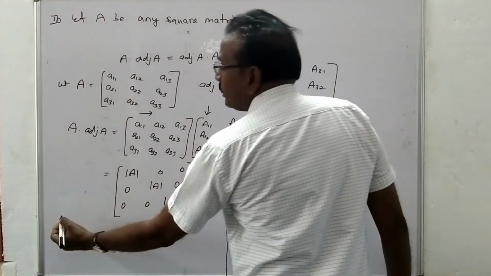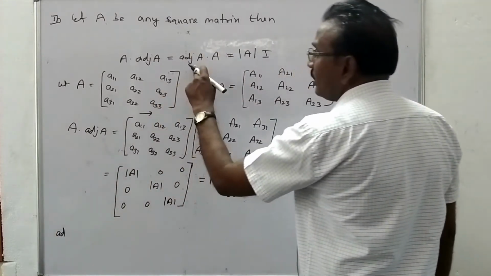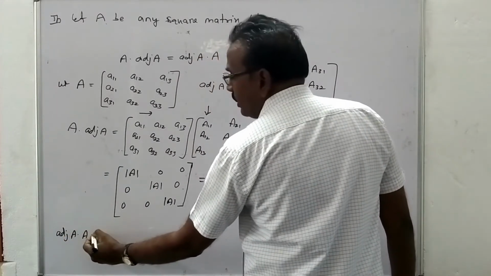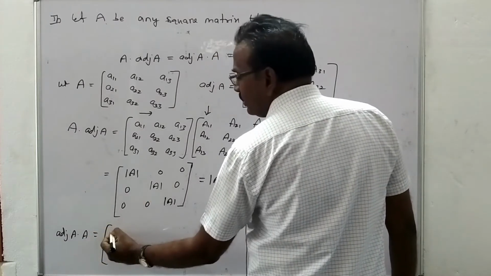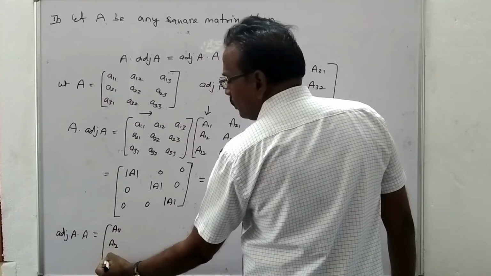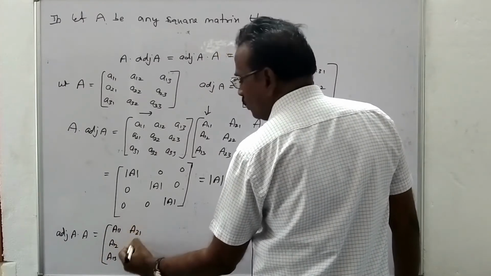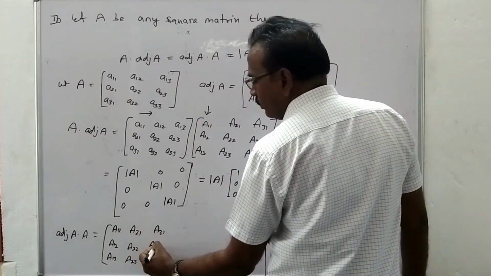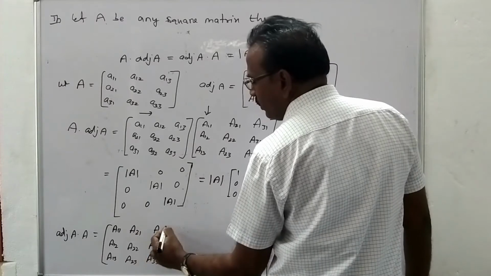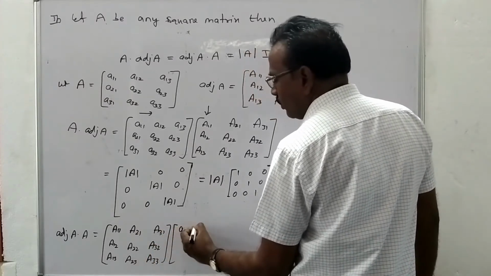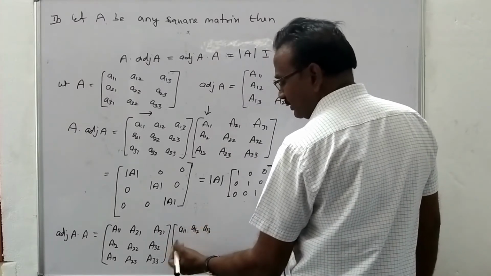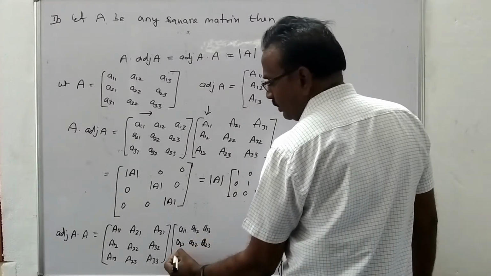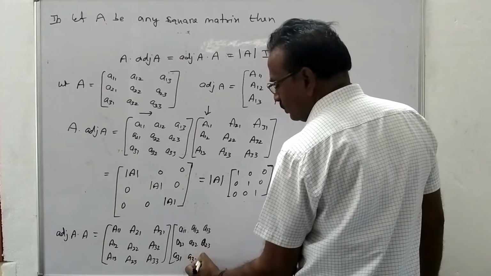Similarly, we can prove the second case: adjoint of A into A. Adjoint of A is capital A11, capital A12, capital A13, A21, A22, A23, A31, A32, A33. This is adjoint of A into the matrix A, which is A11, A12, A13, A21, A22, A23, A31, A32, A33.